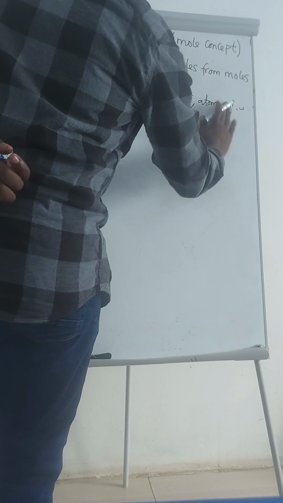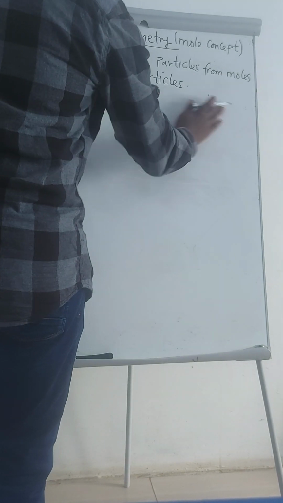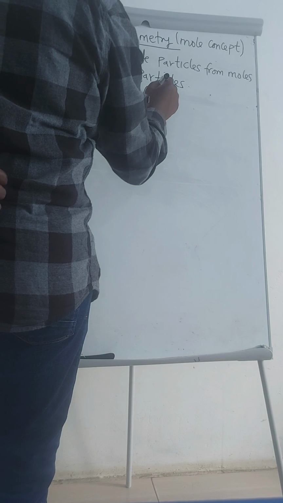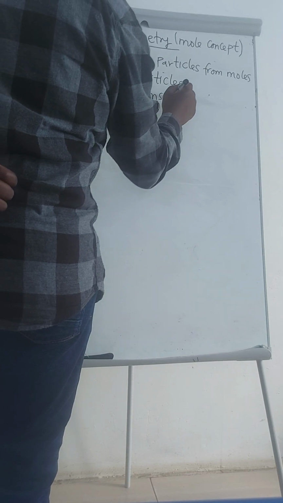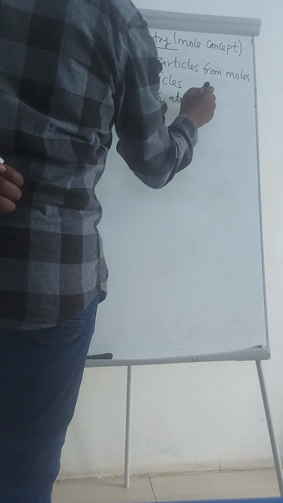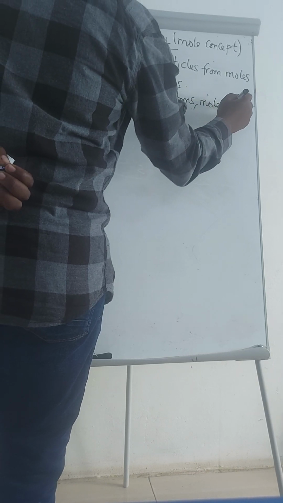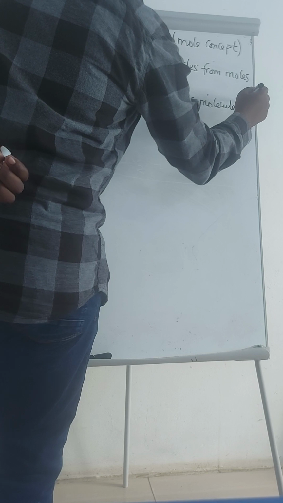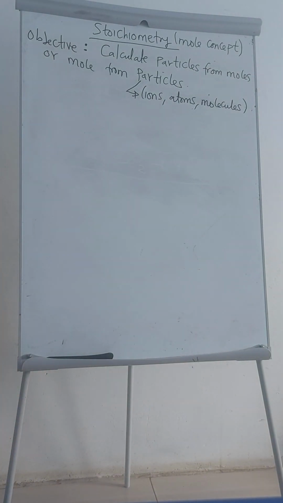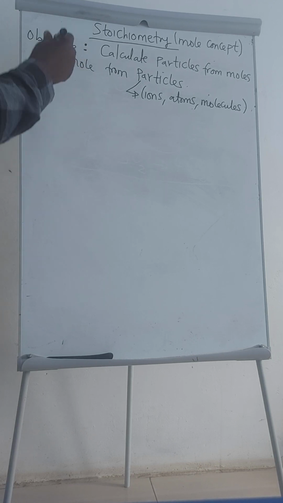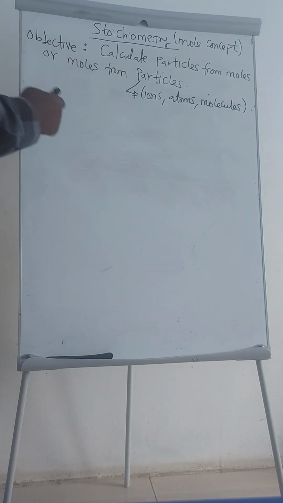These are the particles that we have in chemistry: ions, atoms, and molecules. So this is the objective: calculate particles from moles or moles from particles.